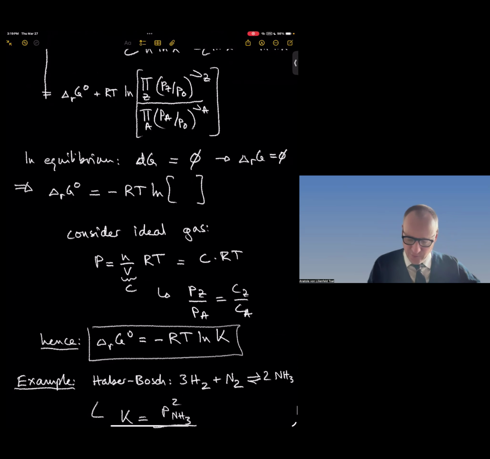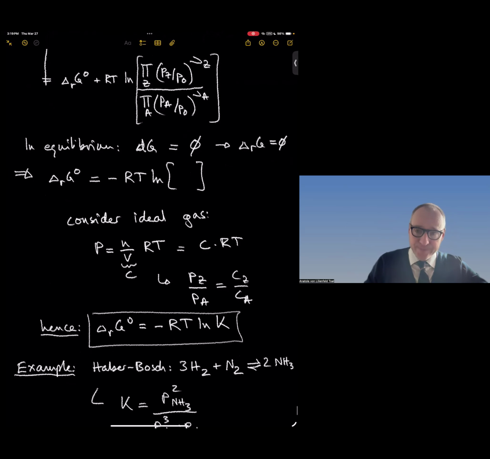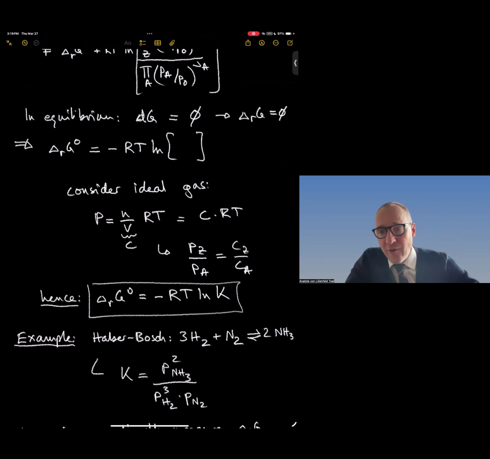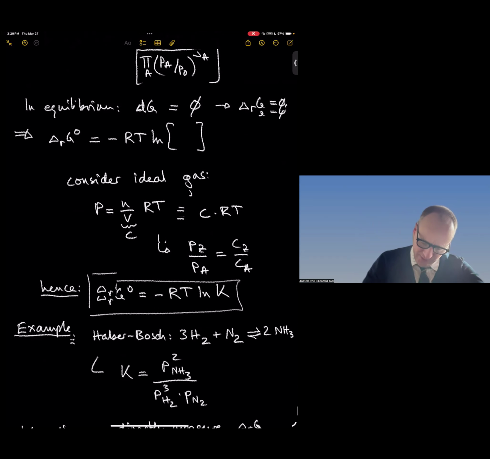And so you replace the ratio between pressures by a ratio between concentrations. And since reactants and products have the same temperature, that cancels as well as the R, of course. And so you're left only with the difference in concentrations. And this ratio of concentrations of reactants and products is also known as our equilibrium constant.